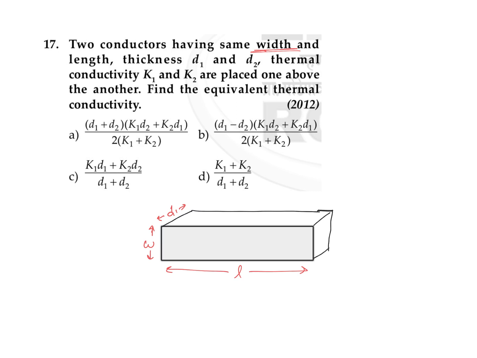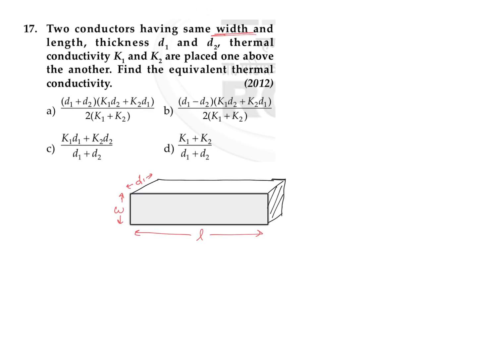Just try to understand which parameter is different in both situations. In the second situation, we are considering a similar kind of rod attached to this one, but the thickness is different, given as D2. The thermal conductivity for this one is K2, and one above the other means they are connected in a parallel combination.